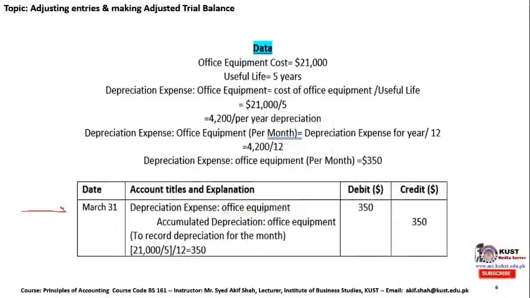So here we have our adjusting entry, against which we have once again two titles: depreciation expense office equipment, which is our expense account, and just beneath that accumulated depreciation office equipment, which is our contra asset account, having $350 in the credit column.